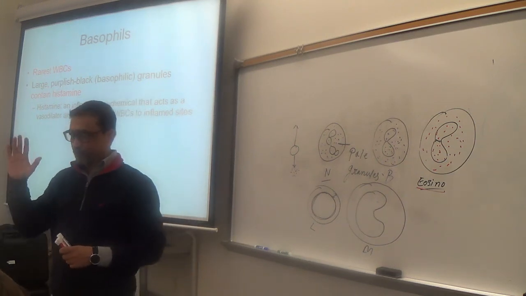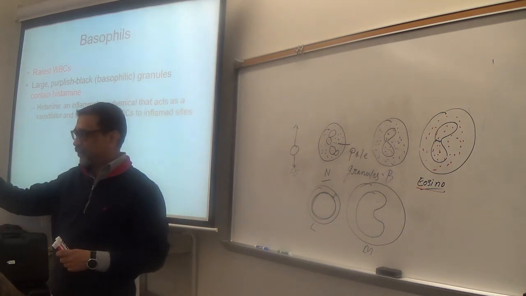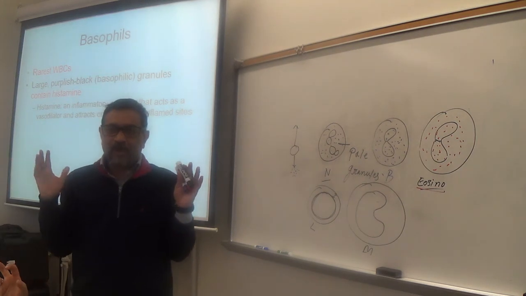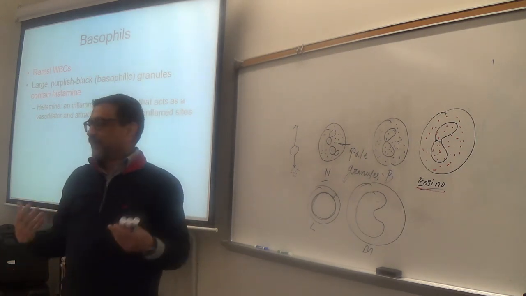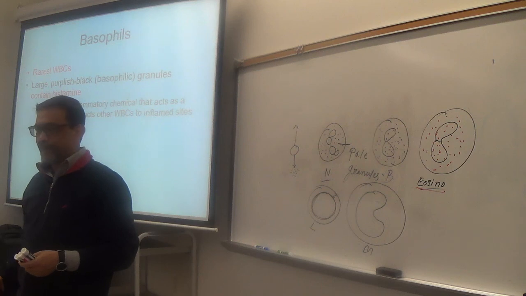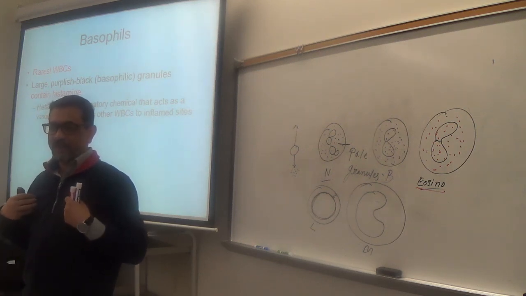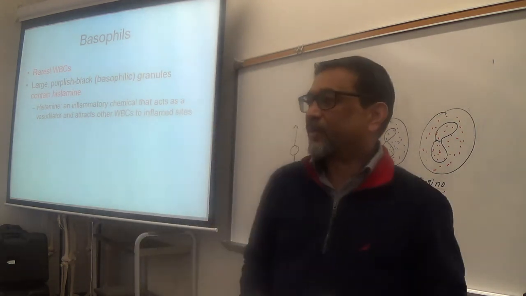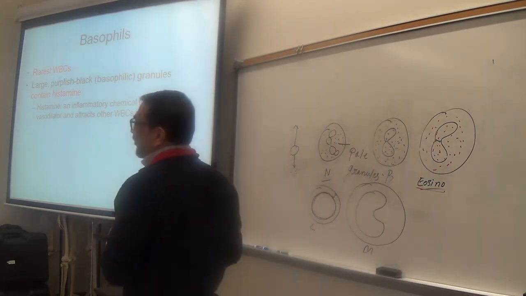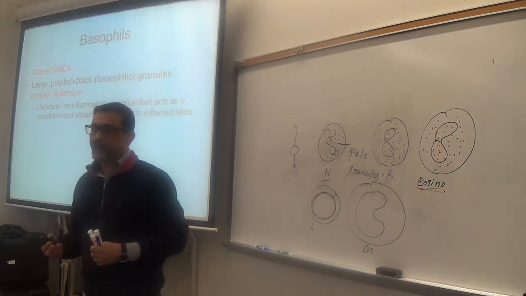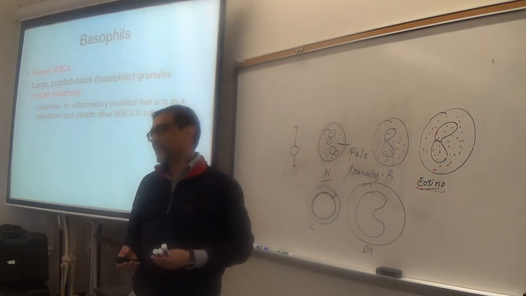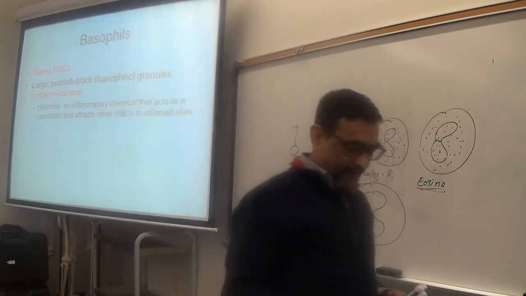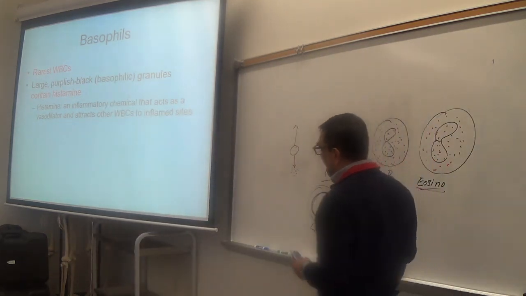That means it prevents coagulation, blood clot. Is it clear? Anticoagulant. Prevents what? Blood clot formation, which is very good, right? Otherwise blood will clot inside the body. Histamine causes inflammation. Histamine causes what? Inflammation. So these are the 2 chemicals produced inside the basophil.